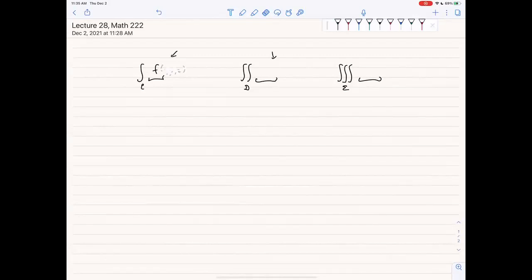But I'll just write lowercase f. Similarly, here we can have a function f. Or we could have a capital F, which is usually written capital F, but it could be written capital G, whatever. It's going to be bold in the text, but in lectures, I put a little arrow above it. These are vector fields, okay?